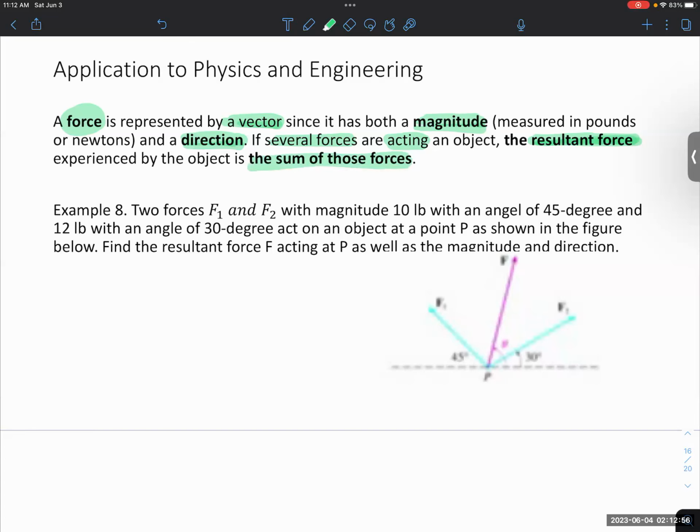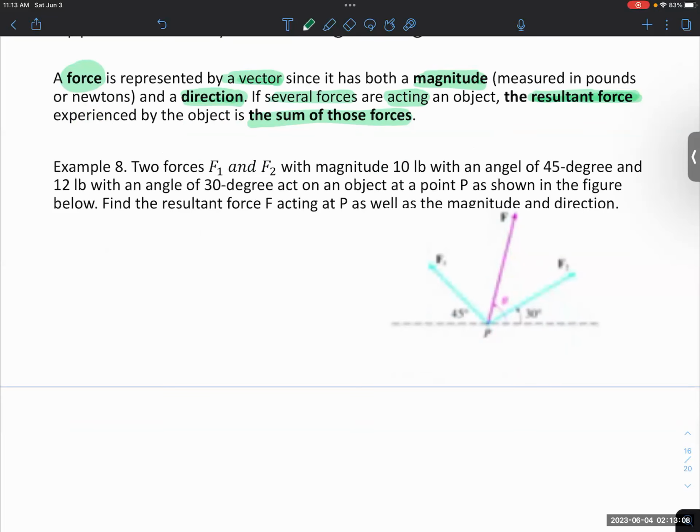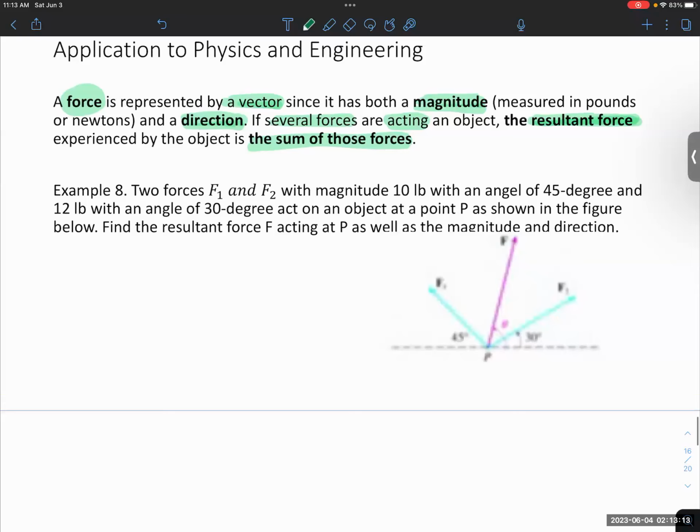So in this example, we are going to calculate the resultant force with the given different forces from many different directions. Okay, let's take a look at the example. I'm going to give you 2 forces, F1 and F2. That means you have 2 different vectors, because the force may be pulling or pushing in a specific direction. So you can consider force as a vector.